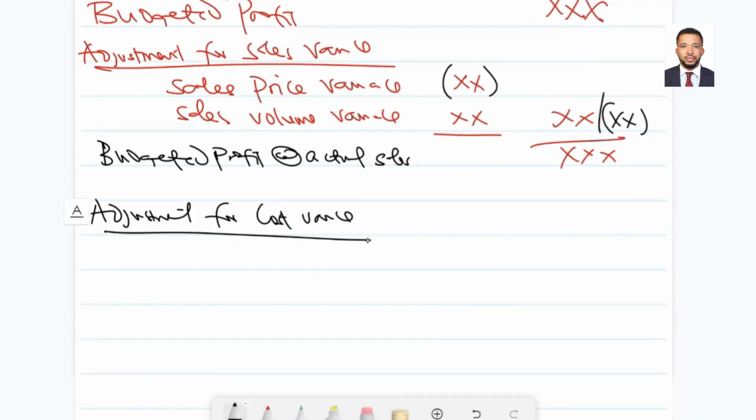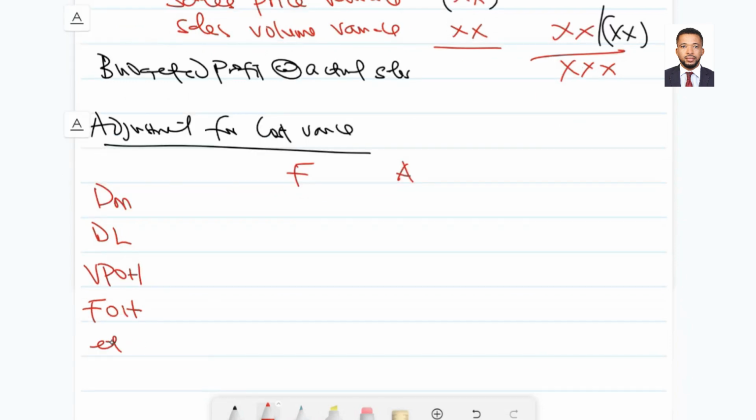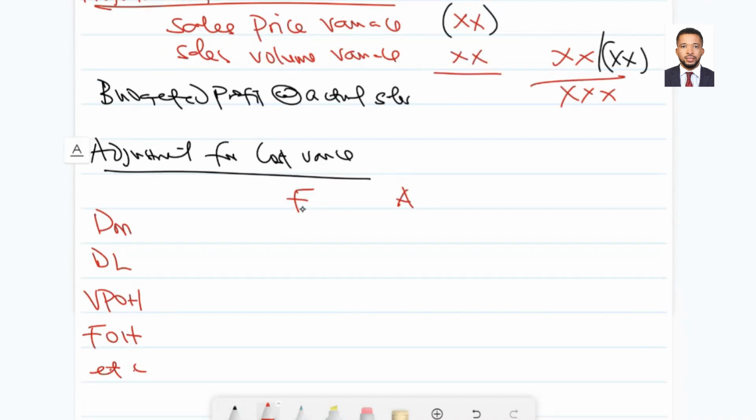Adjustment for cost variance, bring in all your cost variances: direct material, direct labor, variable production overhead, fixed overhead, etc., including the price and the usage. All those variances you have computed are either favorable or adverse.